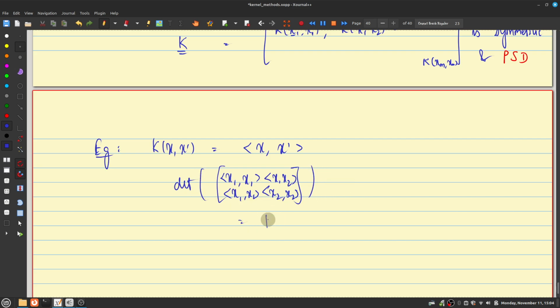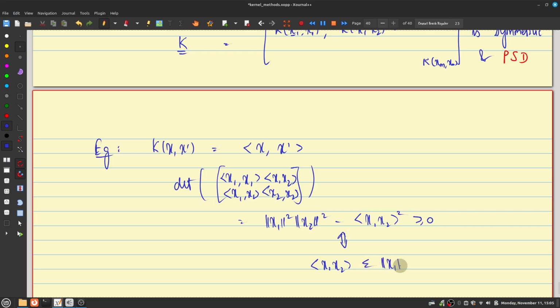This is equal to norm x1 square, norm x2 square minus the inner product between x1 and x2 square. Now suppose that this is greater than or equal to 0. Greater than or equal to 0 means that the inner product between x1 and x2 should be less than or equal to norm x1 times norm x2, which is just Cauchy-Schwarz.